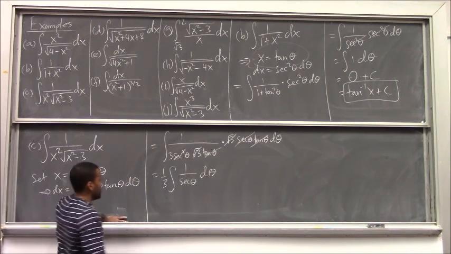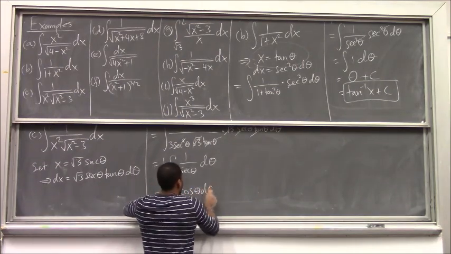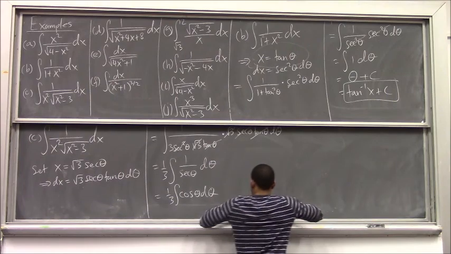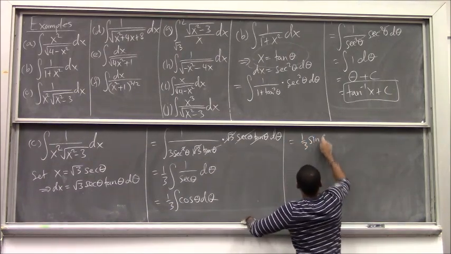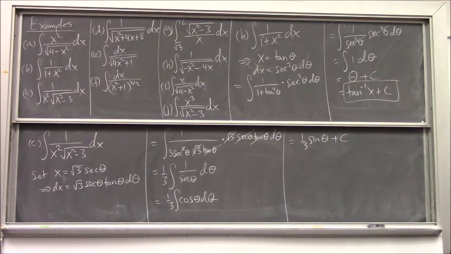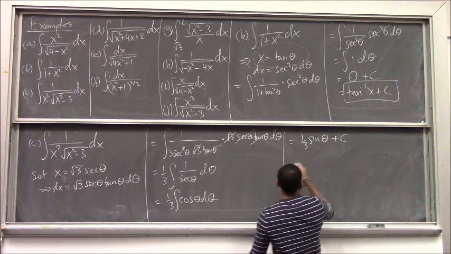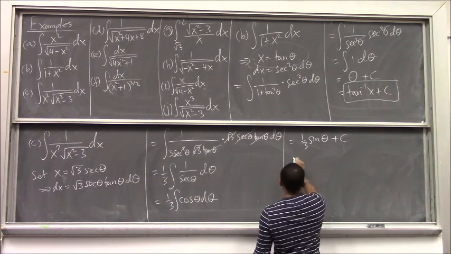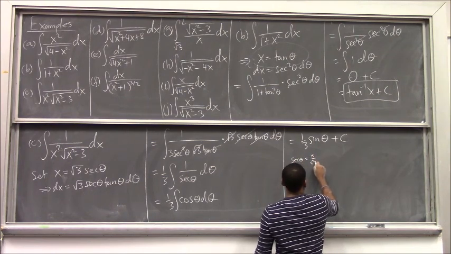Isn't that just cosine? That's just cosine. Integral of cosine, positive sine. So that's actually the integral in the theta universe. How do I get it to be in x's? You have to use the triangle, right? So here I know my secant theta is equal to x over radical 3.